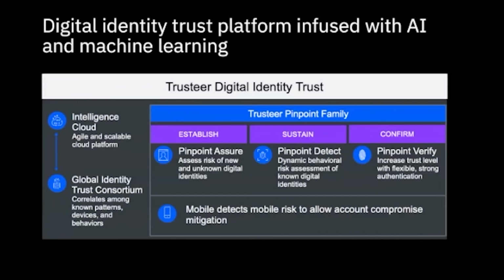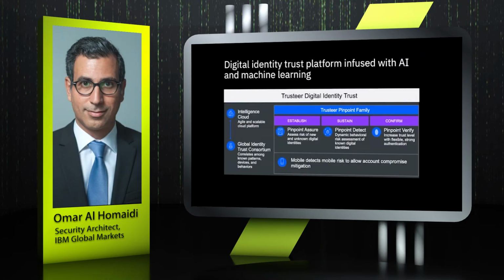IBM Trusteer Pinpoint consists of multiple components to suit the needs of every organization. Pinpoint Detect helps prevent fraud by creating profiles for the users, their devices, and sessions to detect any anomalies. Pinpoint Assure, on the other hand, has been created specifically for organizations who do not require a face-to-face interaction with the user to create an account.